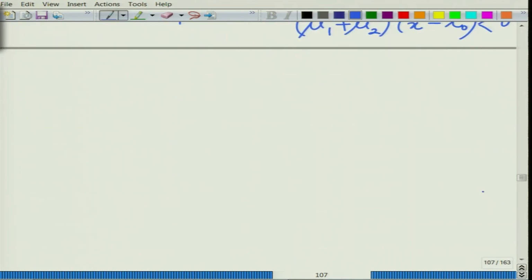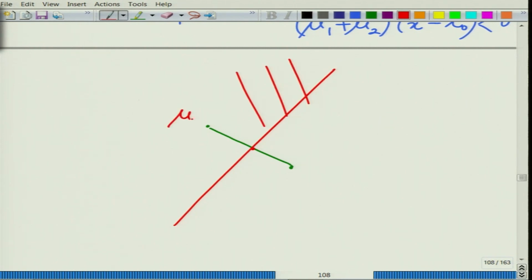So, essentially, let me just draw this figure again. You have mu1 bar, this is the midpoint, this is the perpendicular bisector. This is your mu1 bar, this is your mu2 bar.